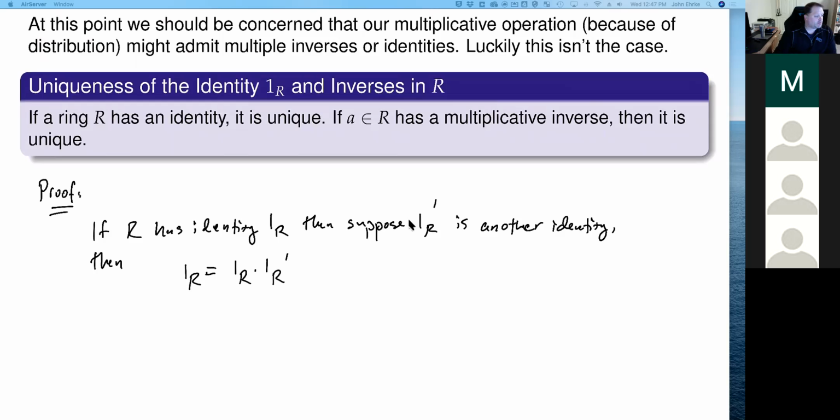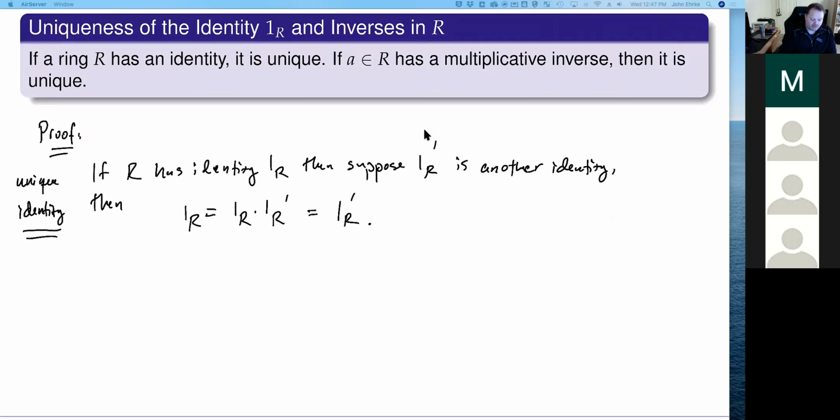But since 1R prime is assumed to be another identity, 1R times 1R prime is 1R prime. So if you have two identities, you really just have one because the two identities would be equal to each other. So this is, you have unique identities.